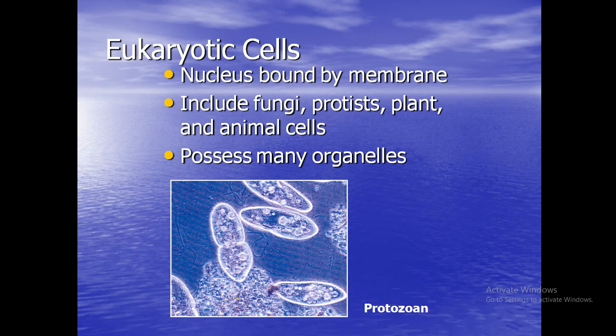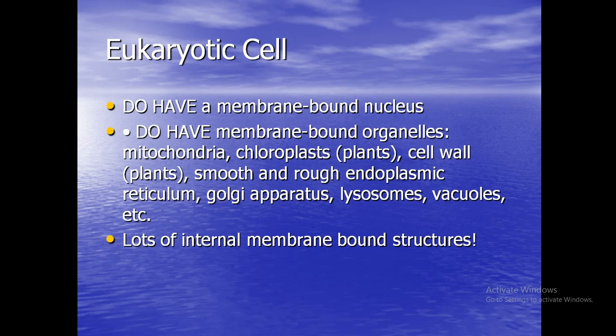Compared to prokaryotes, the number of organelles are also limited, whereas in eukaryotes, one can see, observe and identify many more organelles than the prokaryotes.